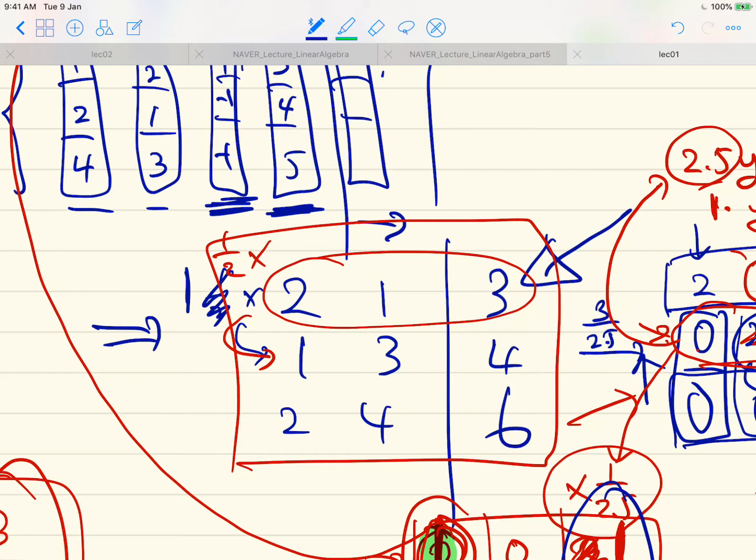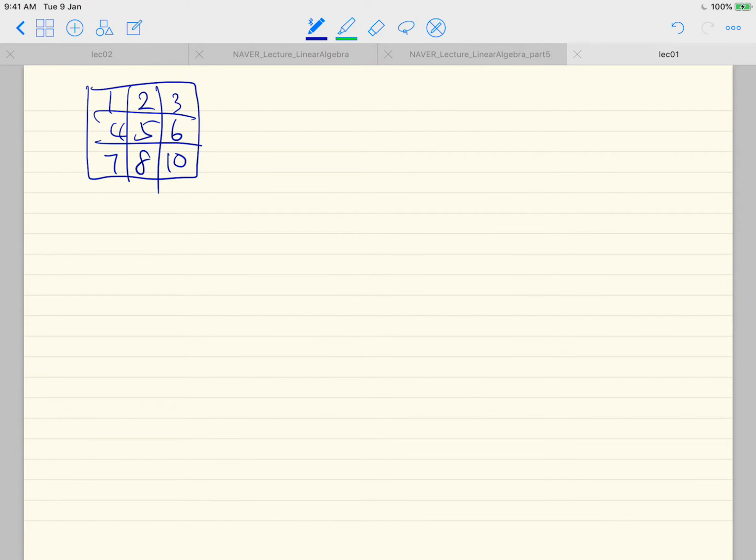That's the equivalent process of solving for the solution. But let's just think of the situation where we are given this matrix and try to obtain the inverse matrix of it.